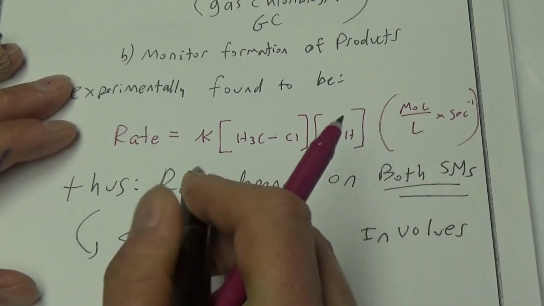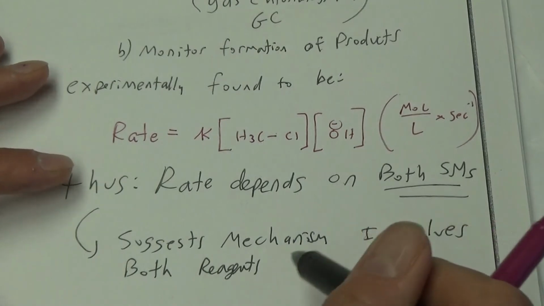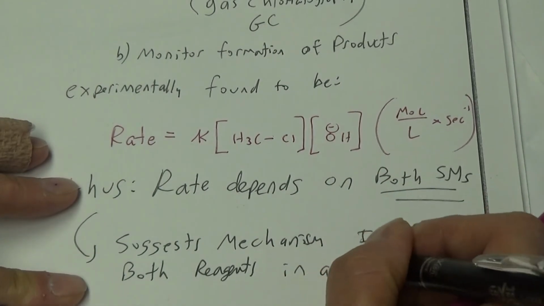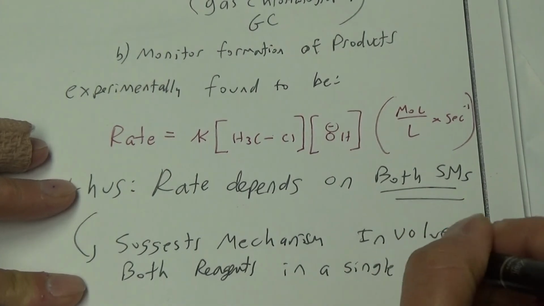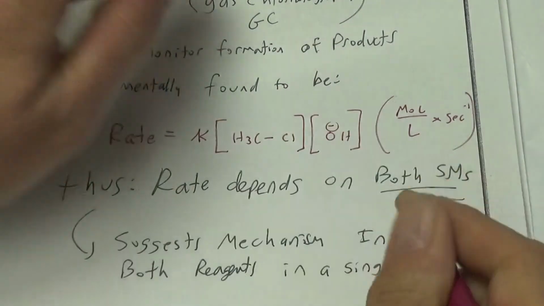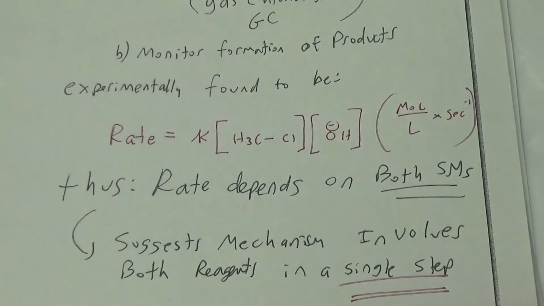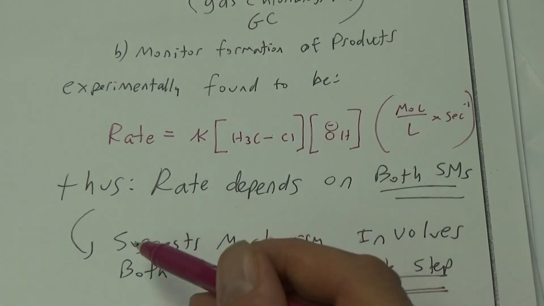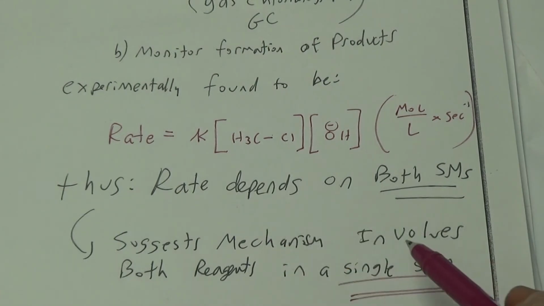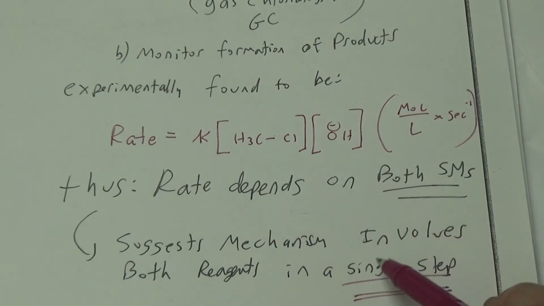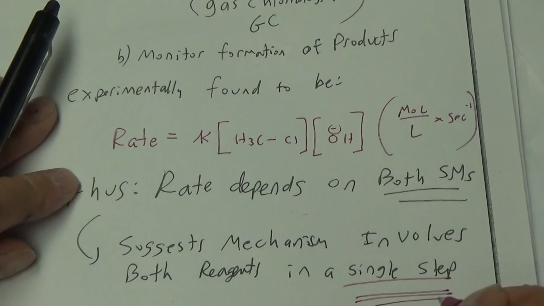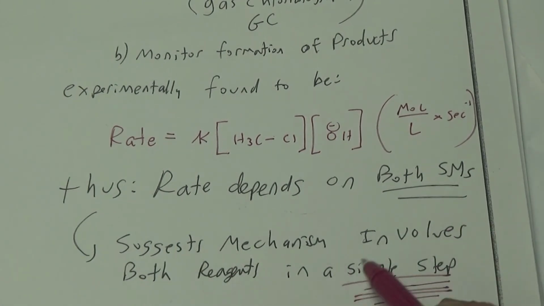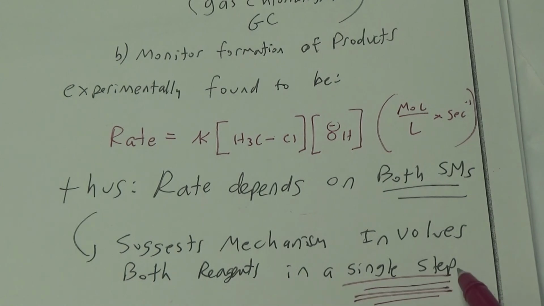Not only does it depend on both, but it depends on both in a single step. But we already showed that, so that's not exactly news. We already showed how the nucleophile attacks the carbon and kicks off the leaving group. We already kind of know that both reagents are involved in a single step.